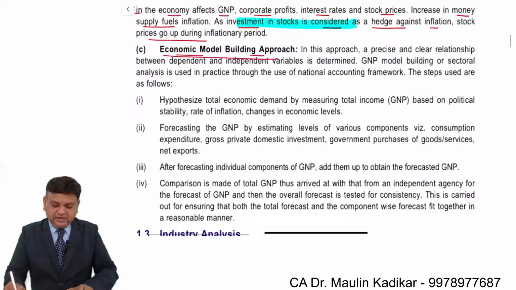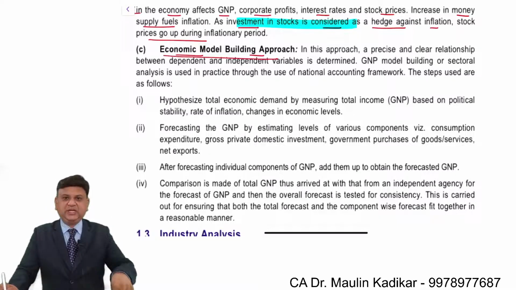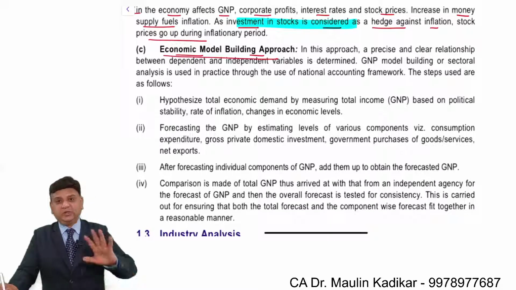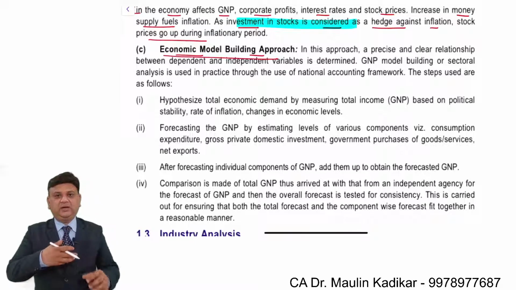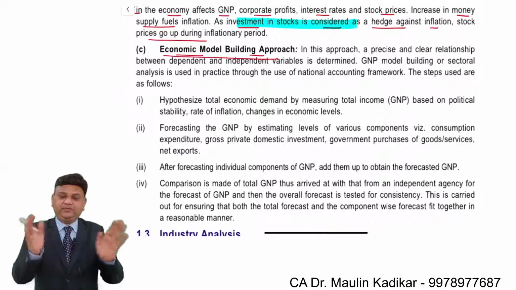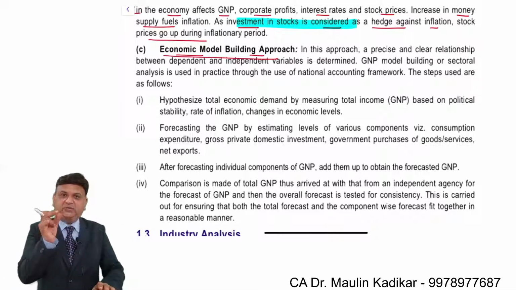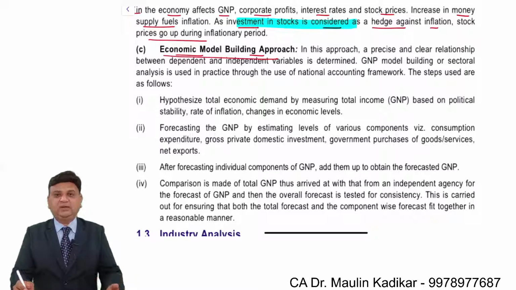Economic model building approach. So this economic model building approach is where you have certain equations used for making estimations of how the economy is going to grow. Certain weights will be given to the different parameters, and based on that you derive an estimation of how the GNP is going to grow.